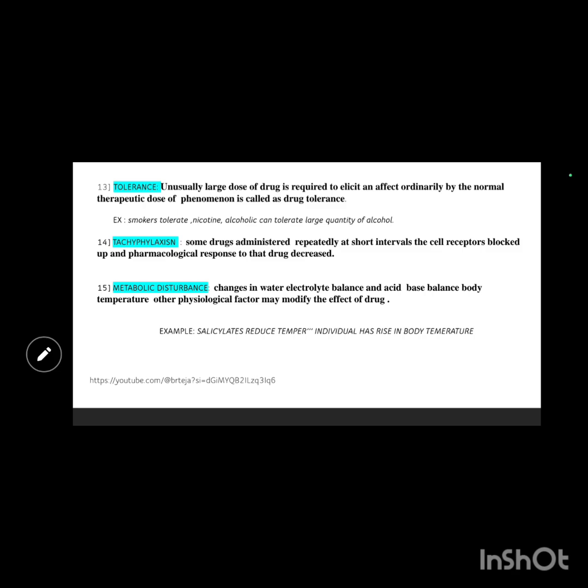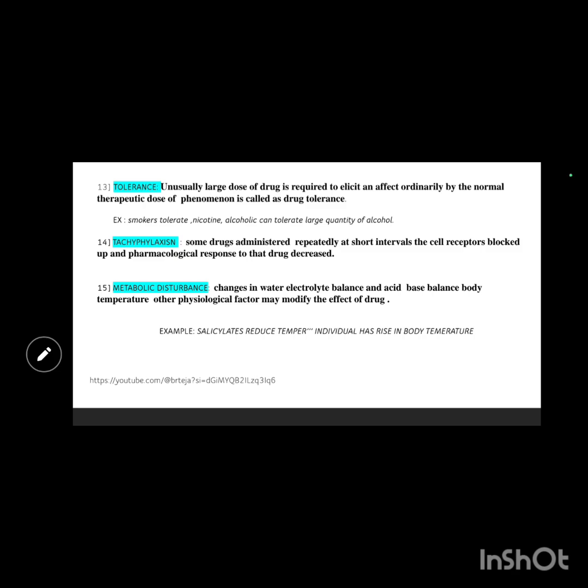This phenomenon is called tachyphylaxis or acute tolerance. Ephedrine given in repeated doses at short intervals in the treatment of bronchial asthma may produce very little response due to tachyphylaxis.